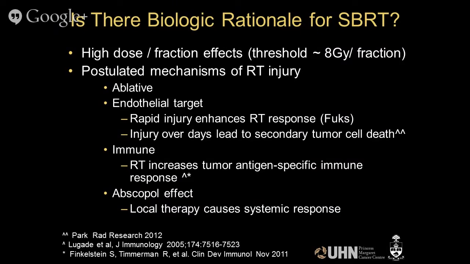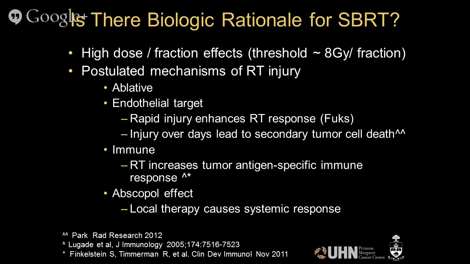Is there a biological rationale for SBRT? Well, there are high dose per fraction effects. When the dose per fraction is 8 gray or higher, there are some effects that have been seen that are not seen at standard fractionation. Some of these effects are summarized here. Injury to the endothelial cells that are supplying the tumor, and two mechanisms of injury that again appear more likely with a high dose per fraction.